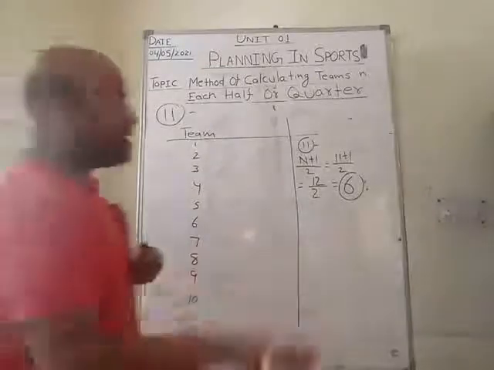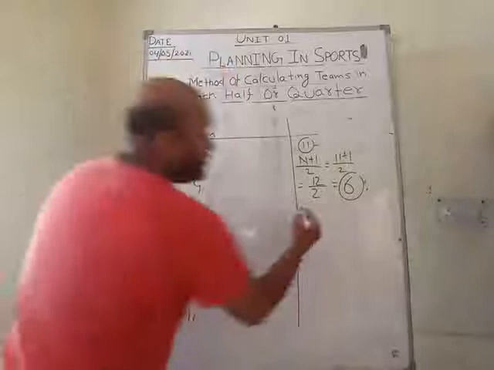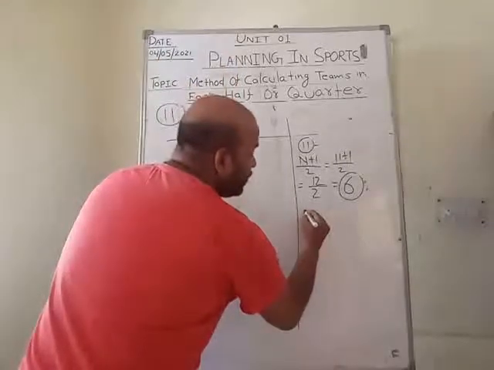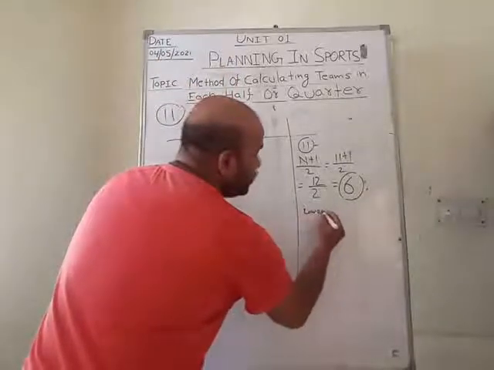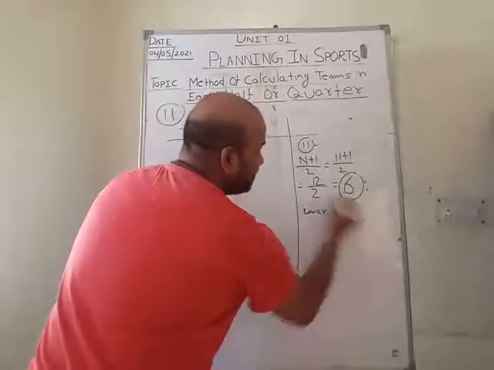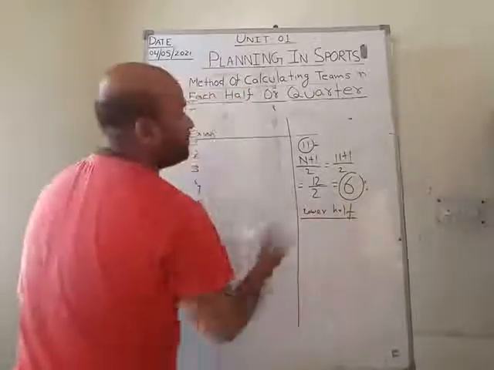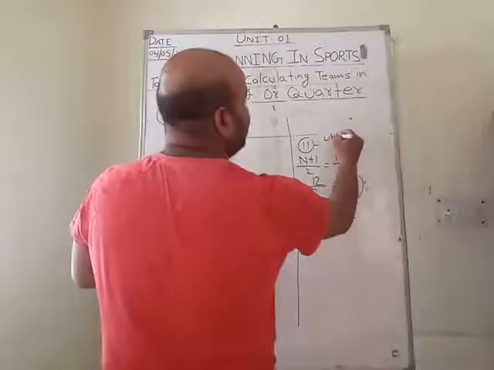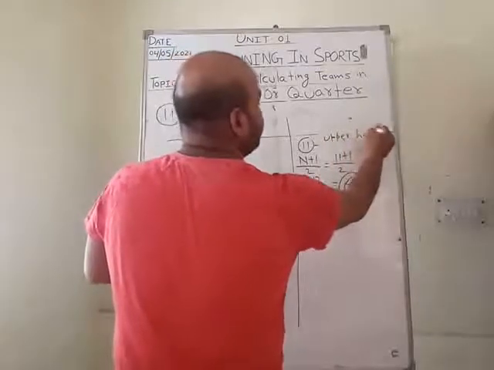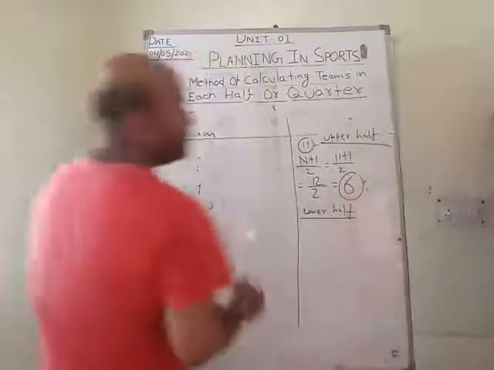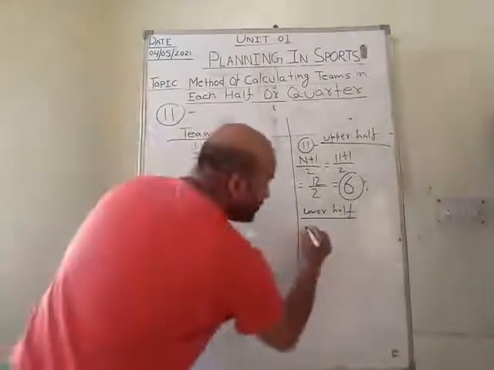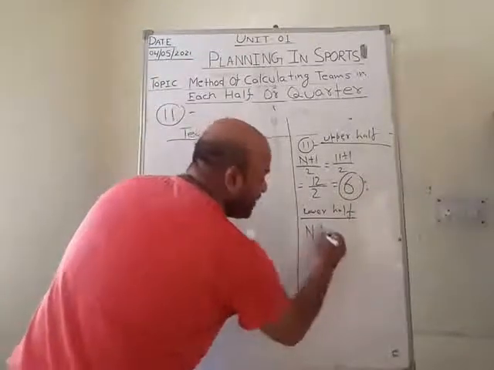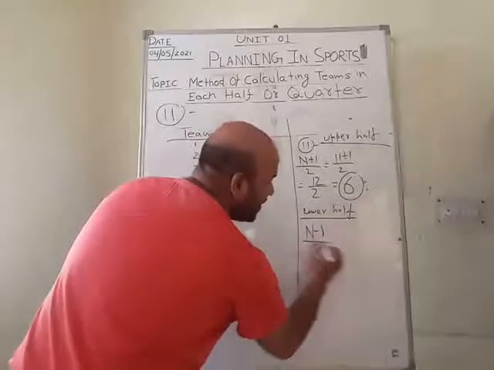But next, the lower half. For the lower half, and this is the upper half. Total number of teams n minus 1 upon 2.